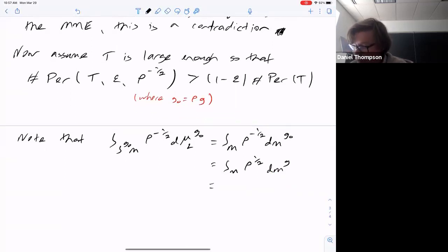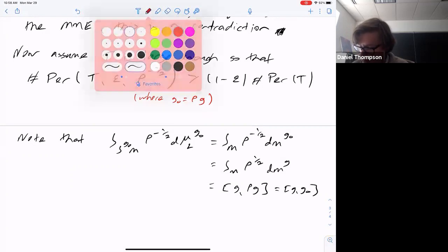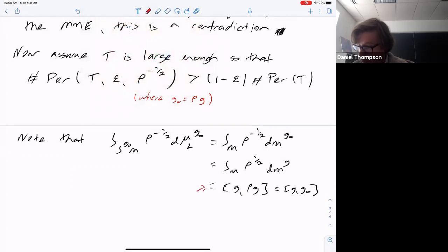Which equals the bracket of g, g0. If you want to look back to believe all of these things, this was all in lecture 28. This last one was lemma 1 from that lecture.